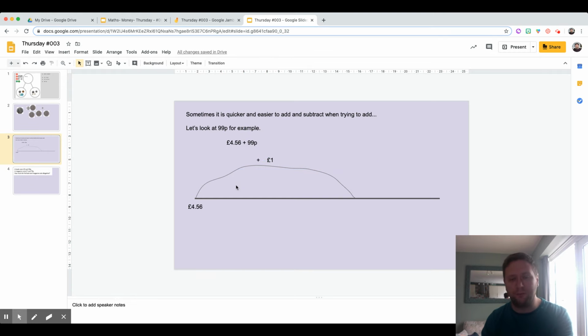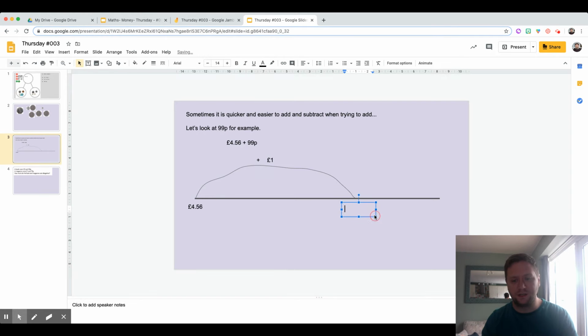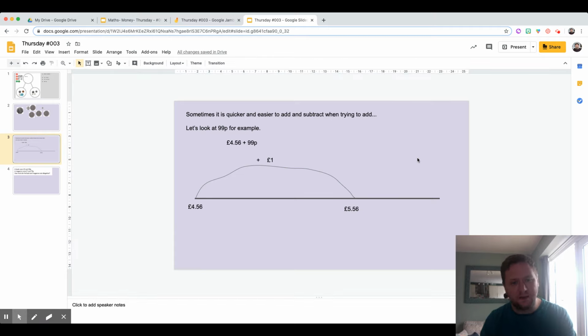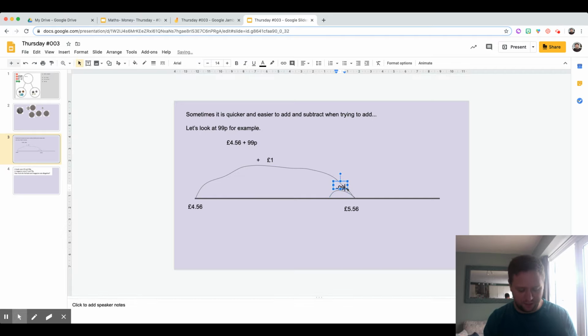So I've added the £1, and £1 onto £4.56 is quite easy to solve. It's £5.56. That won't give me the right answer because that's adding a pound, and the question asked me to add 99p. So I need to remember that I need to take away 1p as well so that I've added 99p.